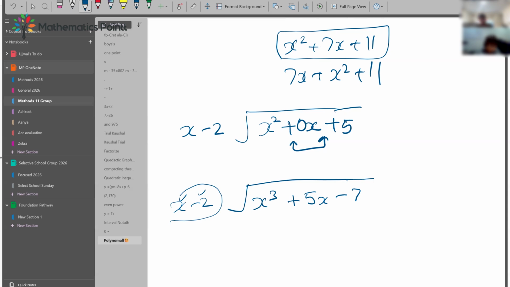Look here. I have x cubed, then power 1 and a constant. It's in the decreasing order, no doubt. Looks good. But it misses the x squared term here. Yes or no? It's not there. Okay. I have to fill the blank.